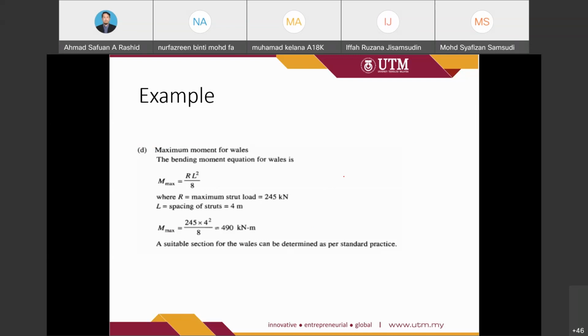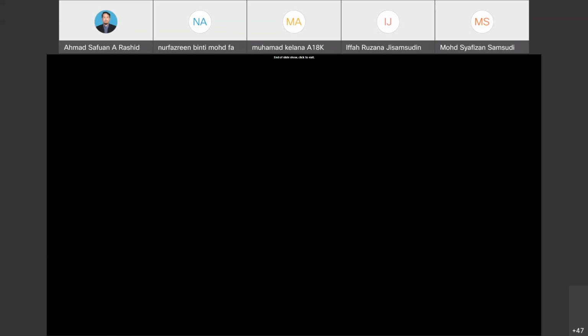In that case, we need to look at the catalog to find the specification to be used to cater for the 490 maximum moment. Not the strut, but the wheel. So that is for the sandy soil.